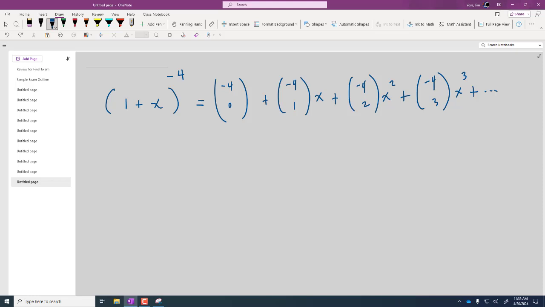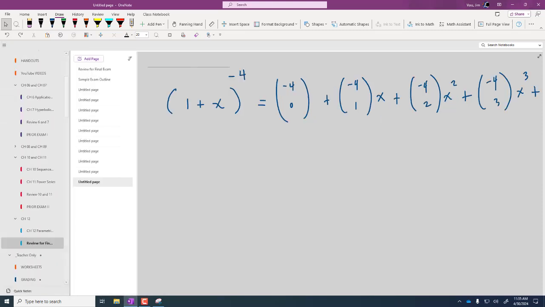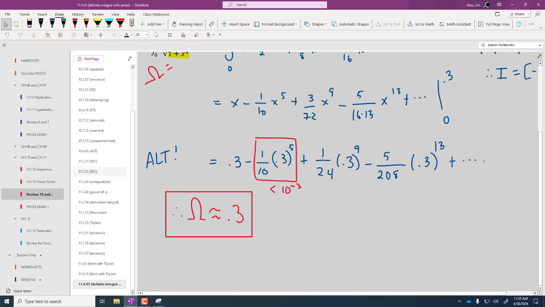And the interval of convergence will be given to you. So when x is negative, I forget off the top of my head whether we exclude both endpoints. Does someone have it close by? So this was chapter 11.